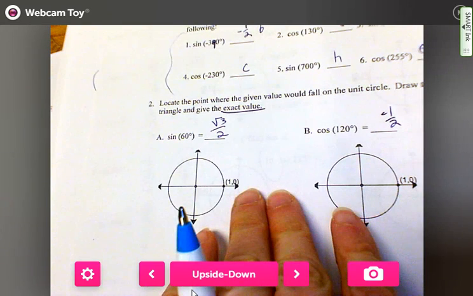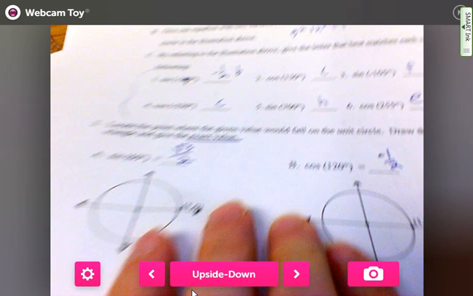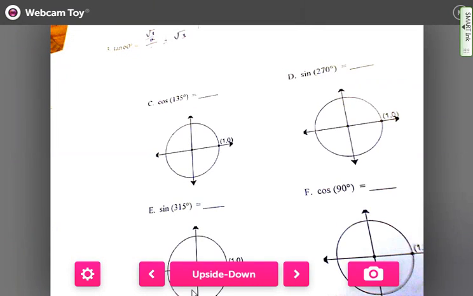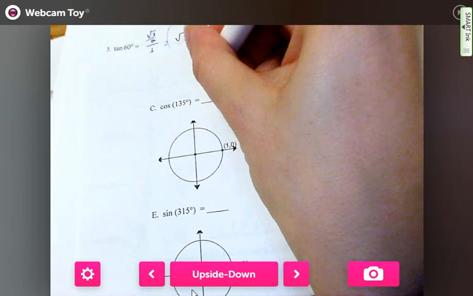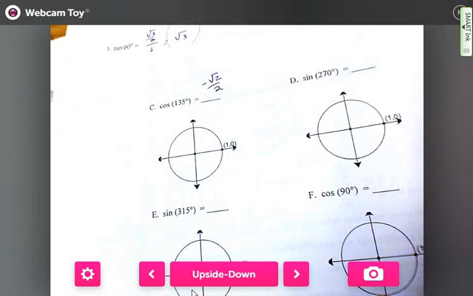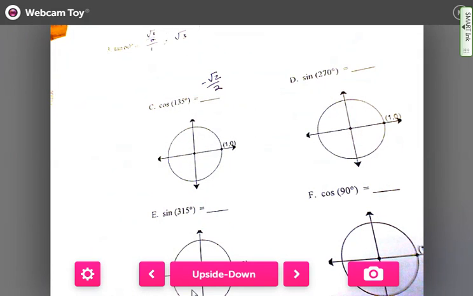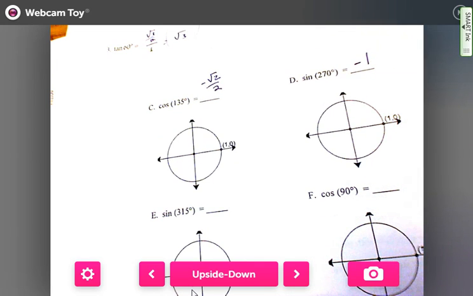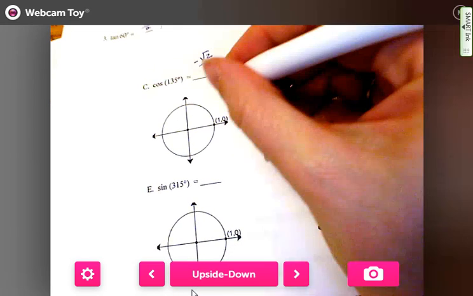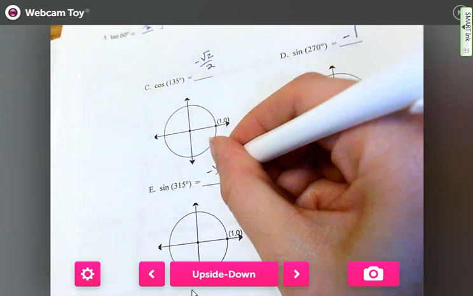Let's turn it over. Our classwork on the back. The cosine of 135 should be negative square root 2 over 2. The sine of 270 should be negative 1. The sine of 315 should be negative square root 2 over 2.